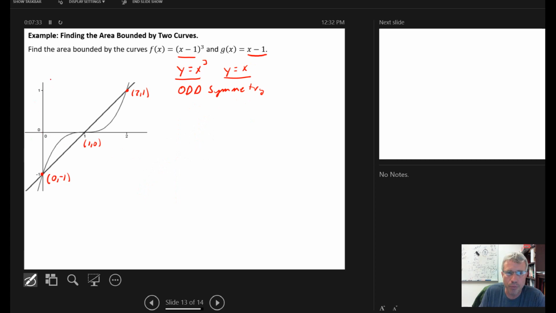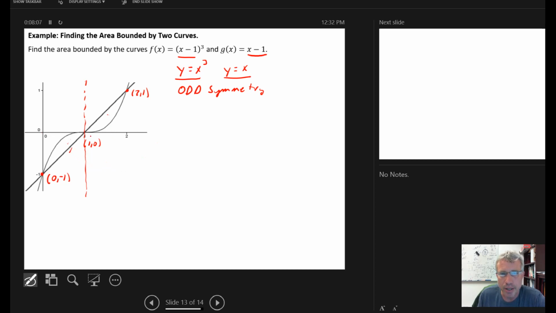So if we pretended for a minute that this is the y-axis, what we would have is two odd functions being reflected through the origin. And when we reflect through the origin, it changes our orientation, or we can see that it's the same as rotating 180 degrees. We could see a 180-degree rotation would carry this region into this region. So reflection through the origin gives you that you get the same result if you rotate by 180 degrees.